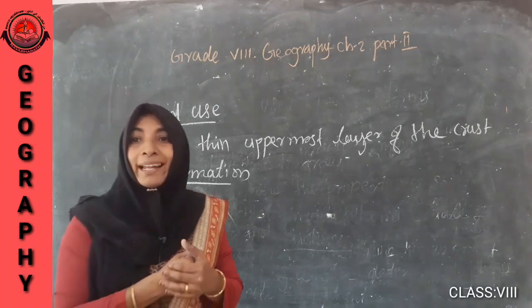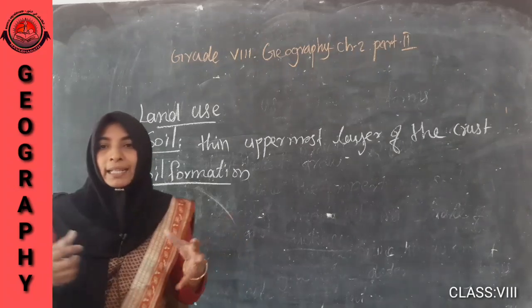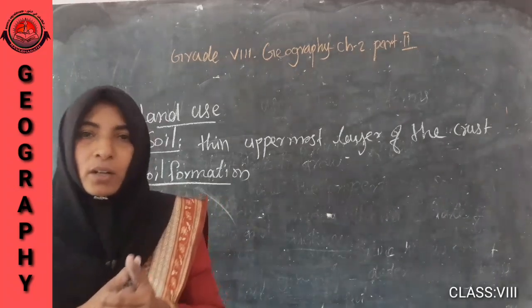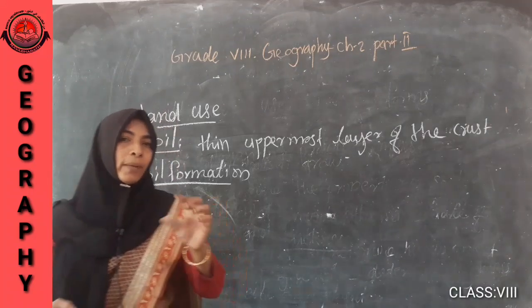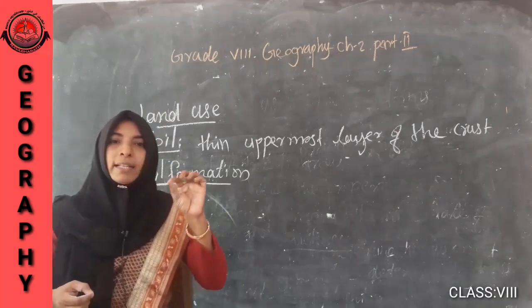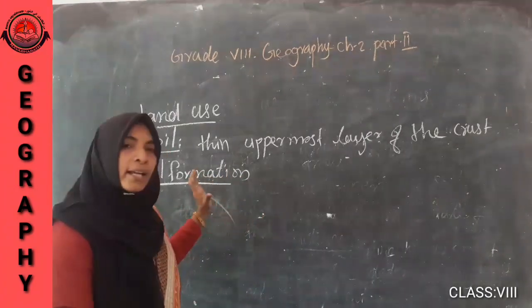How is the soil forming? By breaking the parental rocks. Parental rocks break down into small particles, which leads to the formation of soil.